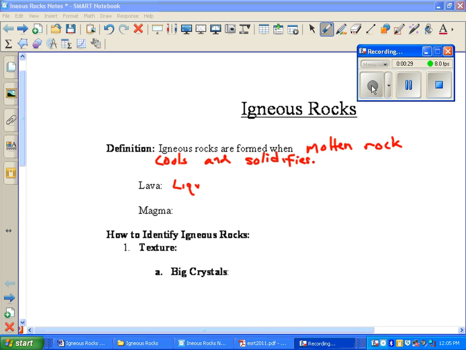Lava is liquid rock above ground. Or magma, which is liquid rock below the ground.